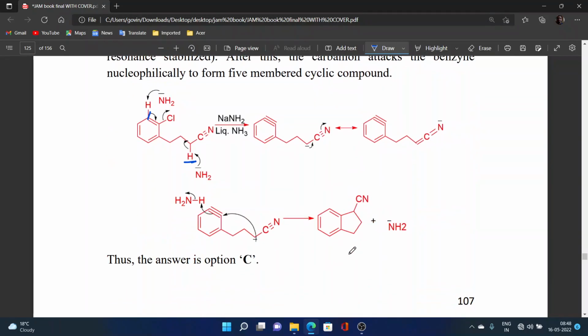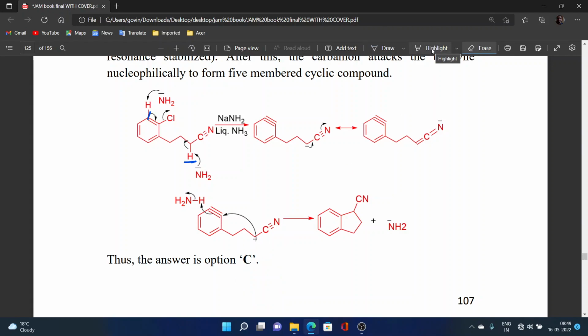And so a negative charge on carbon is a very powerful nucleophile because carbon is not at all electronegative, it cannot stabilize the negative charge. So it will immediately go and attack wherever it is possible. Apart from that, because it is carbon which is not electronegative, its lobe is very large and therefore it acts as a very powerful nucleophile, right.